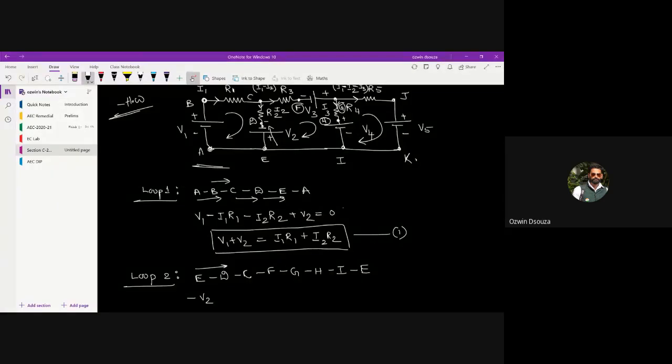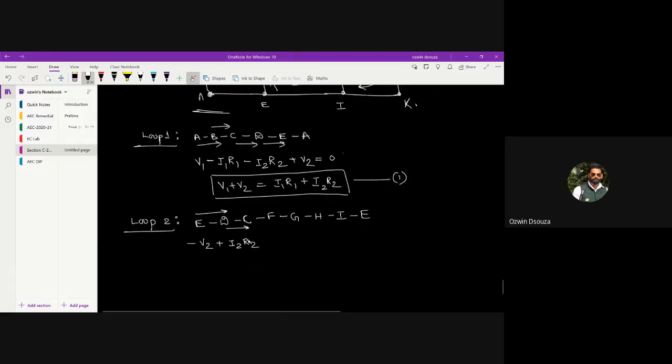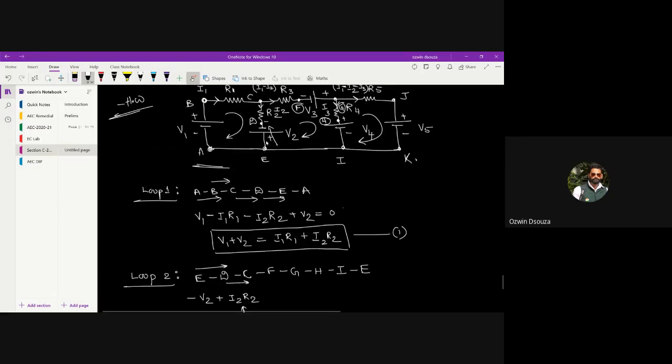When I move from node D to C, you can see that my traversal is actually opposing the current direction I2, the downward current. I'm going upward and the current is flowing downward. Hence, the potential across resistor R2 is regarded as a potential rise. So that's plus I2 into R2, called a potential rise because of the opposite direction.